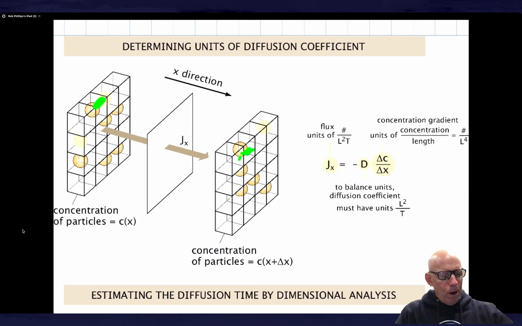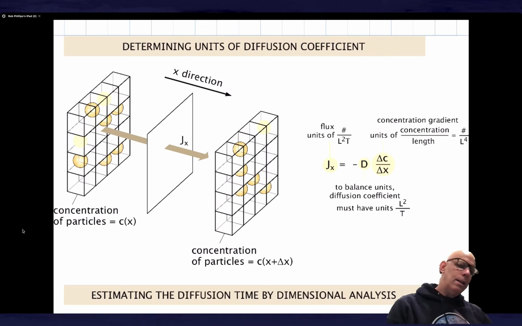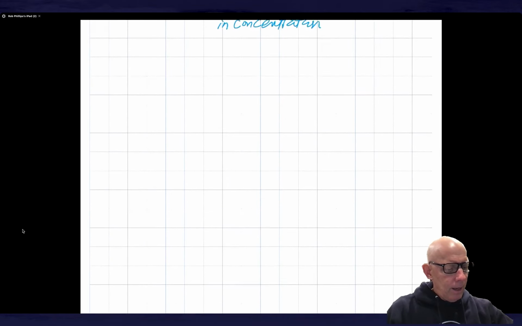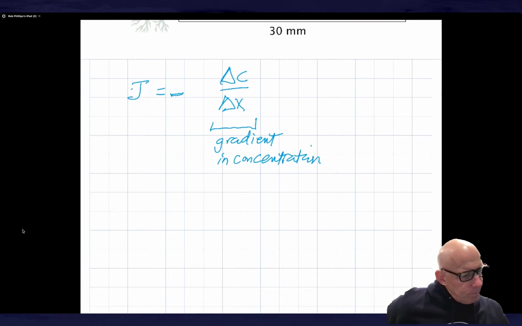So if there's more particles on the right than on the left, there will be a net flux from right to left, because just by chance, more particles flipped a coin saying jump that way, because there's more particles over on this plane.